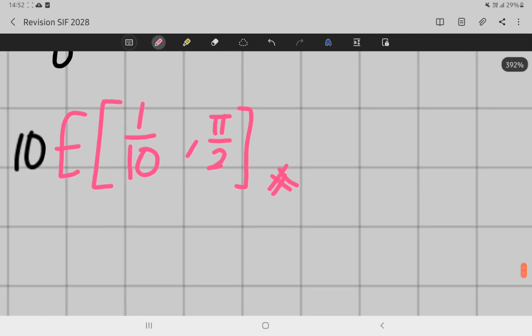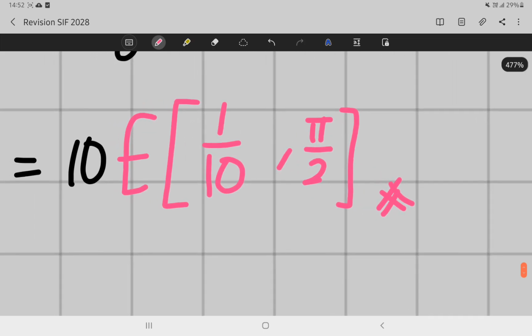So we need to look at the elliptical table in order to find the numerical value for it.